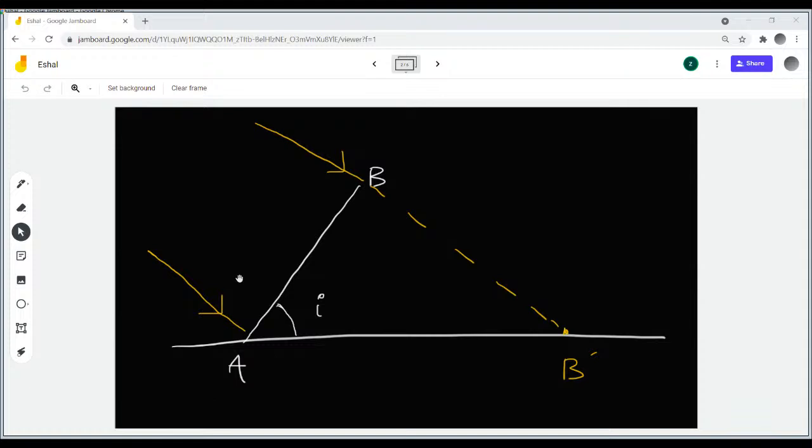So what I'll have to do is, I'll have to use this radius, which radius, B B dash, and from this point A I have to draw an arc like this. This arc is equal to BB dash.